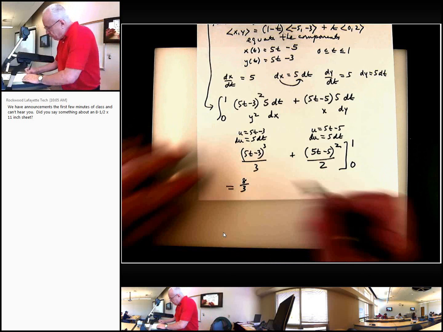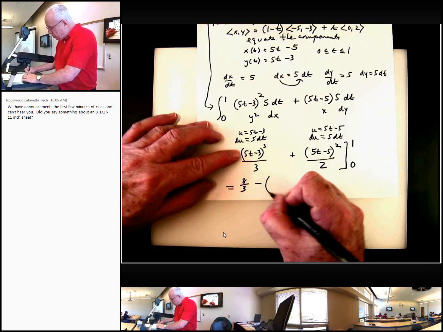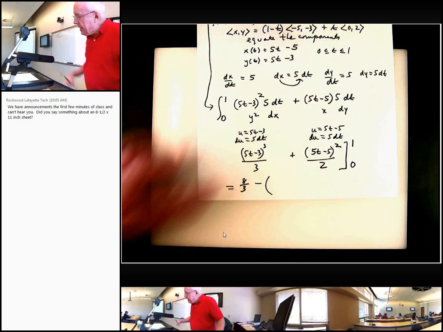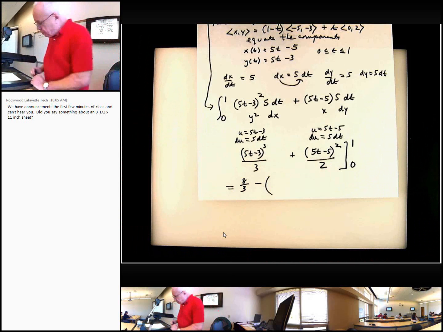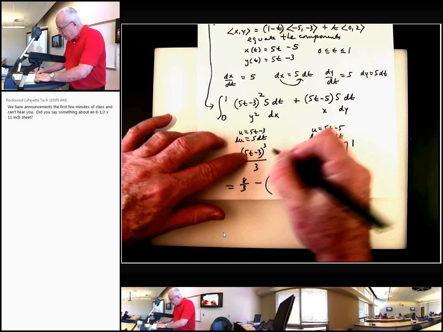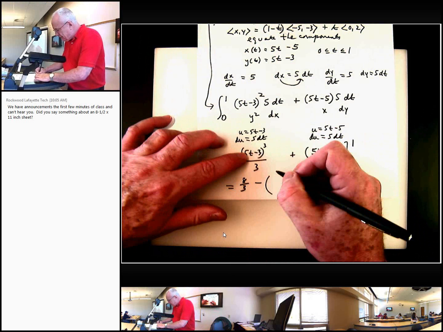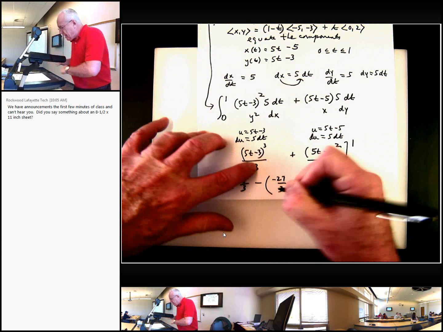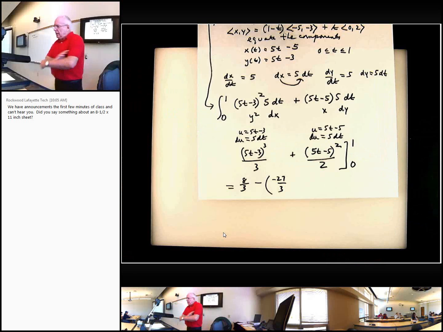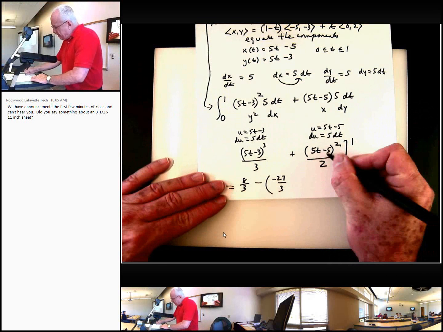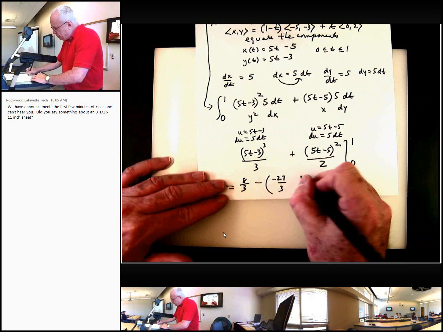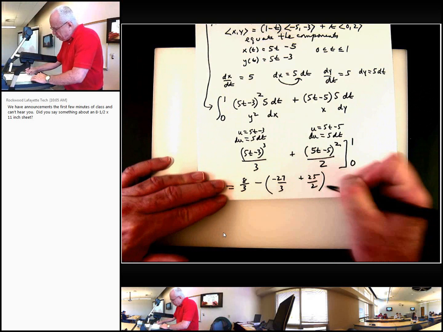Then I subtract, and now I plug in my 0, and I get negative 3 to the third power, which is negative 27, but it's divided by 3. And then when I plug in 0 here, I get negative 5 squared, which is 25 over 2.